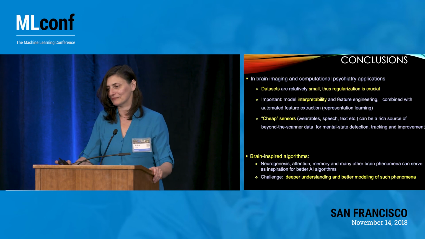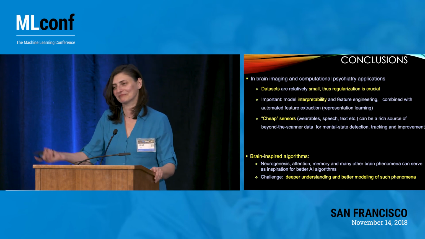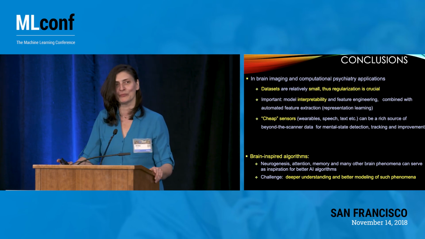Anyway, I'm considerably over time. I apologize, but a few lessons we learned from both applying AI to neuroscience, as I mentioned, and from trying to apply neuroscience to AI.